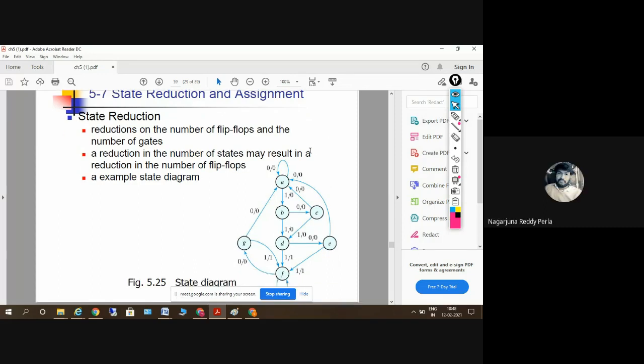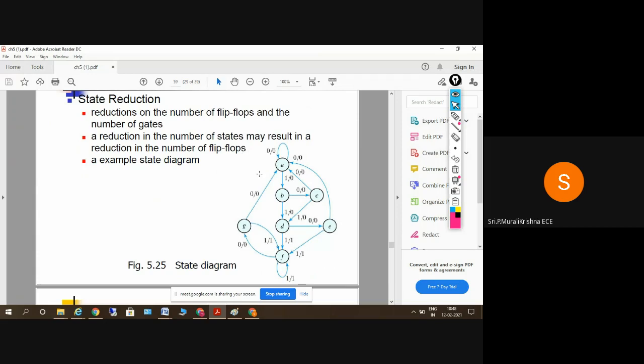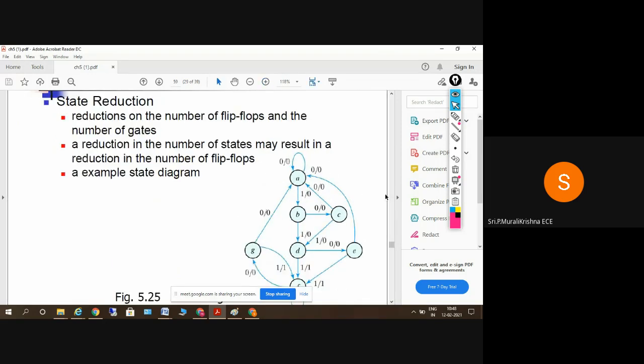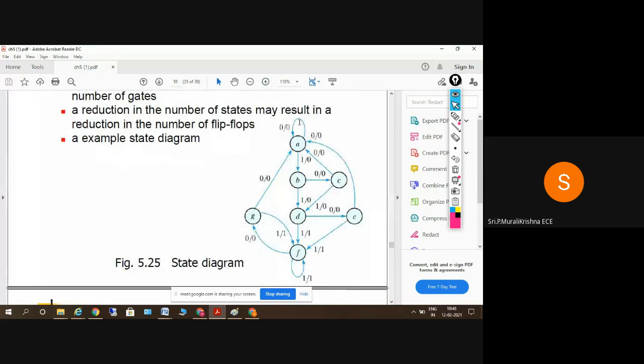Yes, sir. Now we see the concept of state reduction. Take this diagram. From this state diagram, we'll draw the state table. In that state table, we'll see how the reduction process takes place. We have states A, B, C, D, E, F, G: 1, 2, 3, 4, 5, 6, 7.